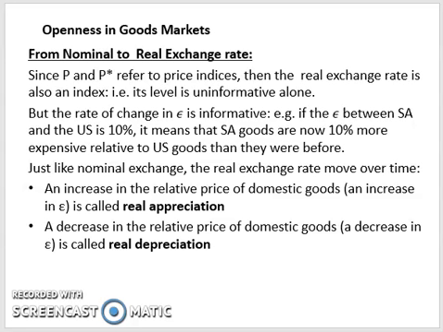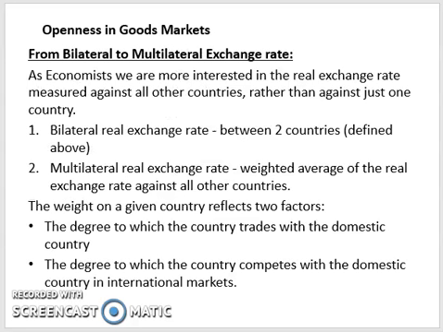These changes are called real appreciation or real depreciation, where an increase in the relative price of the domestic goods is called real appreciation, while a decrease in the relative price of the domestic good is called real depreciation.